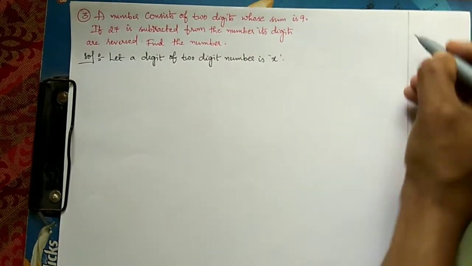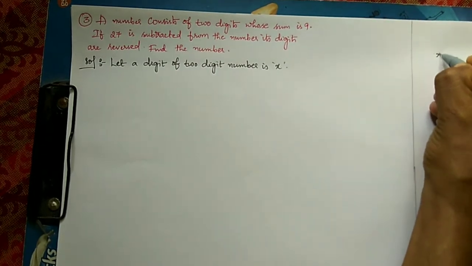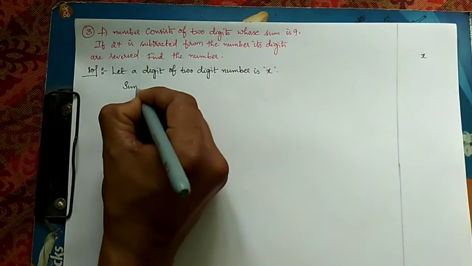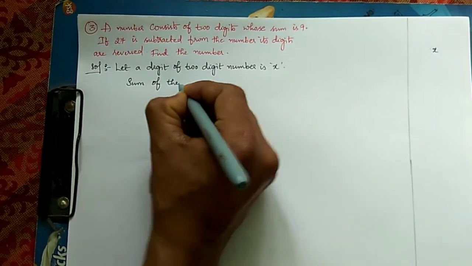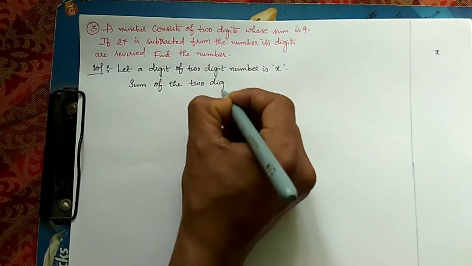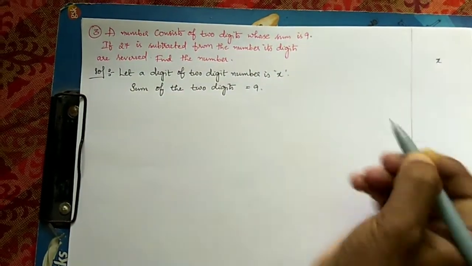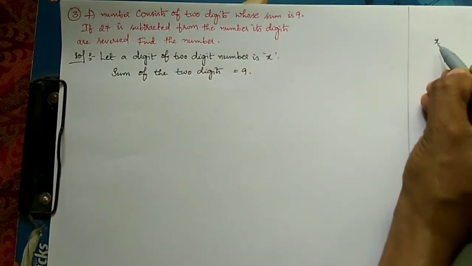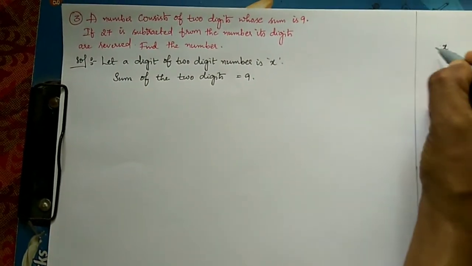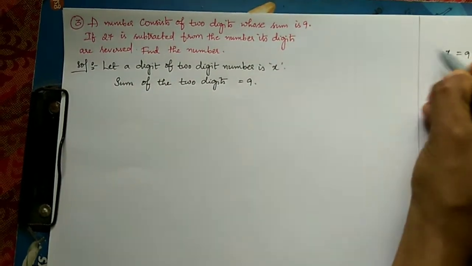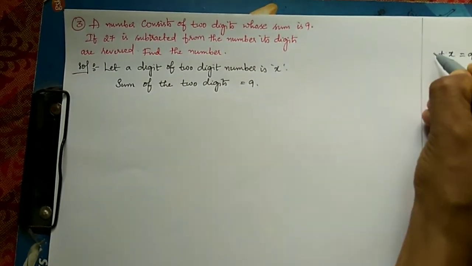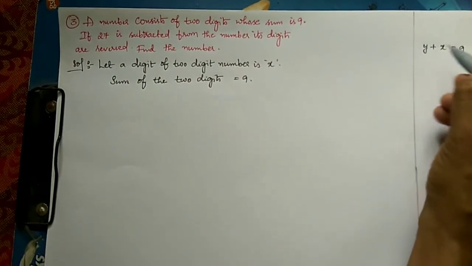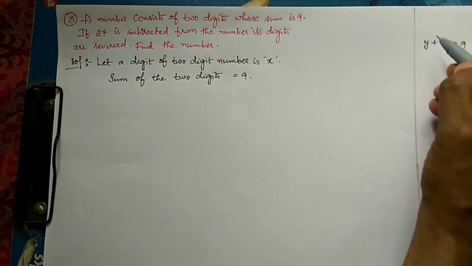So I am taking this x as the first digit, and the sum of the two digits is 9. So this x is in ones place, and their sum is 9. We have to find the second digit also. So if I take this y as the second digit, how do we find it?